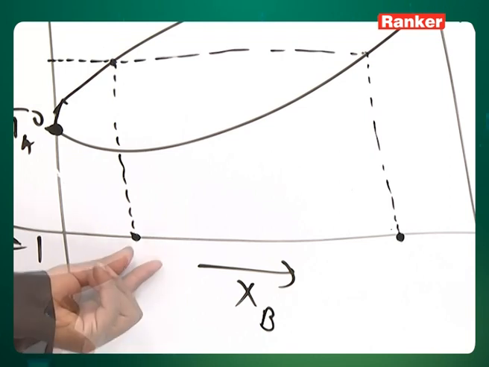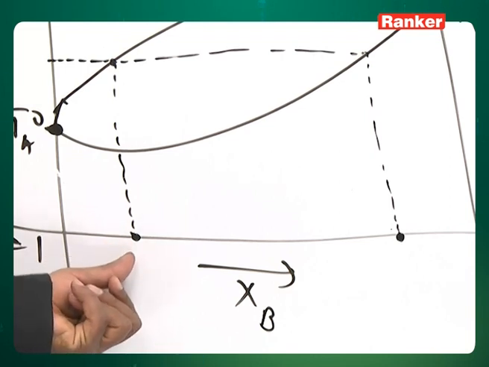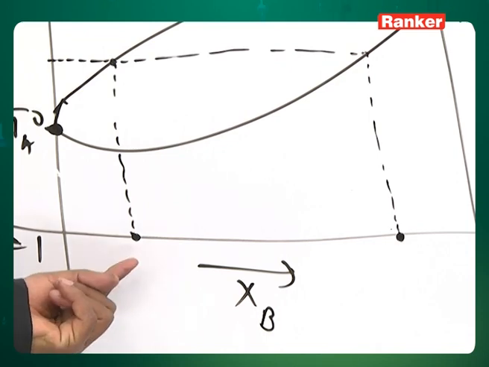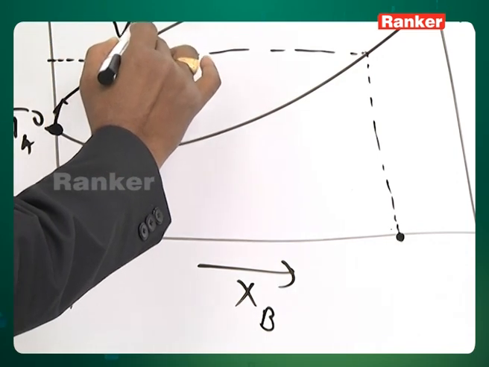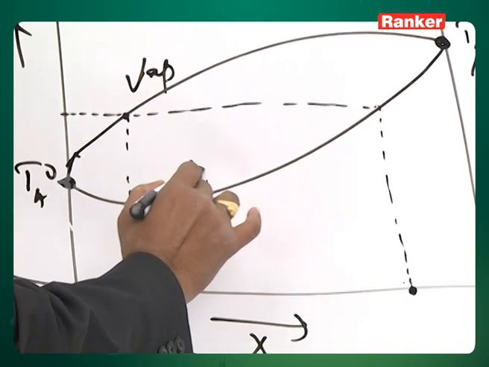According to our analogy, A will be more in the vapor phase. So, this curve will be of vapor, and this is of liquid.